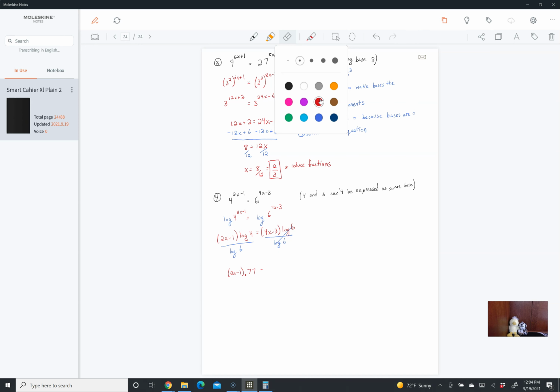Okay, is equal to 4x minus 3. 0.77 is log 4 over log 6. So let's just quickly summarize what we've done so far. We took the log of both sides. Divide both sides by one of the logs.